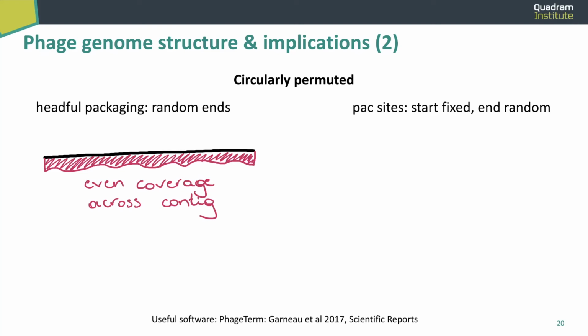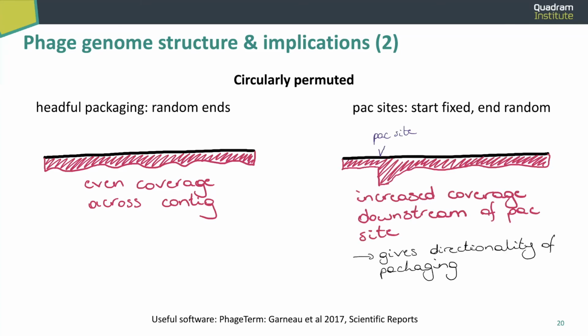And with even, I say it's not 100%, there's always some variation inherent in sequencing. If you have phage sites, then you usually see an increased coverage immediately downstream of the phage site, which then tapers off. And this gives you the directionality of how the genome gets packaged into the phage capsid.